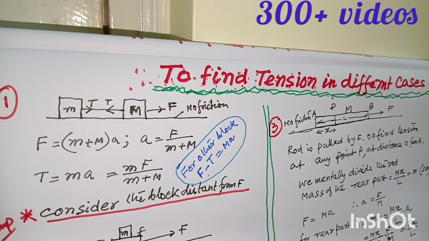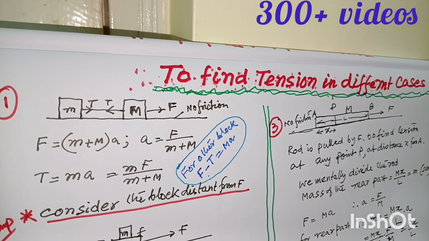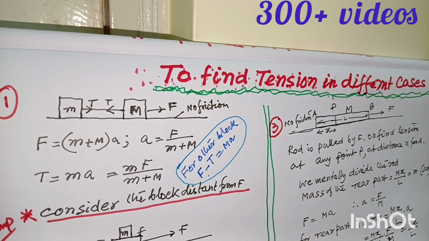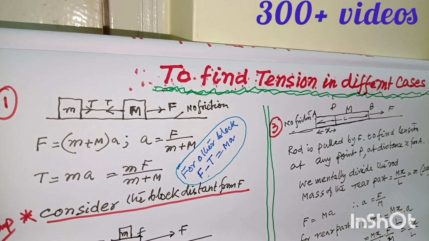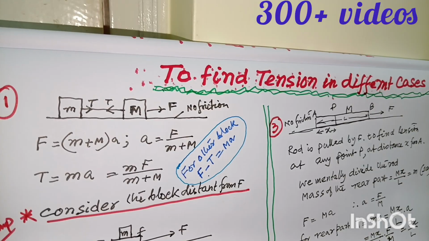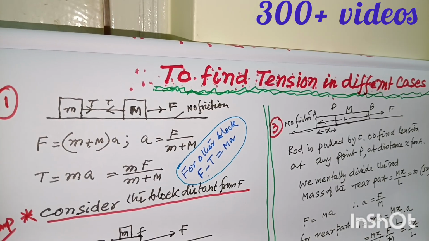So their combined mass is M plus m, and then tension becomes an internal force, and the only external force is F acting on the system. So we can write the equation F equal to (M plus m) into A. That is, A becomes F by (M plus m). So this is the first step: we consider both masses as one system and find out the acceleration.